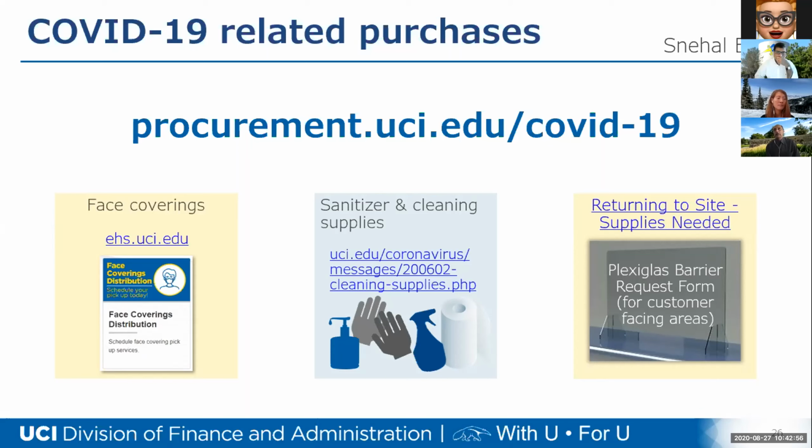But before you do that, EH&S also asks that you get a site evaluation performed by them just to make sure that they can help you get the right product for your office space. So those are the three areas where the campus is providing supplies to everybody on campus.